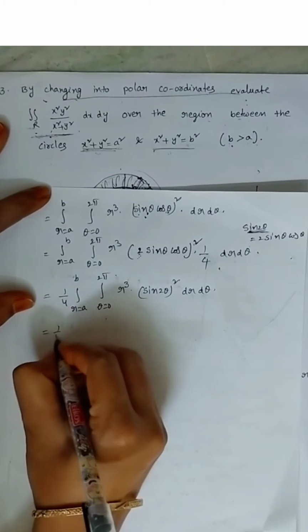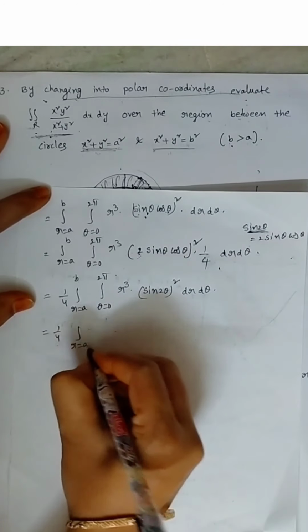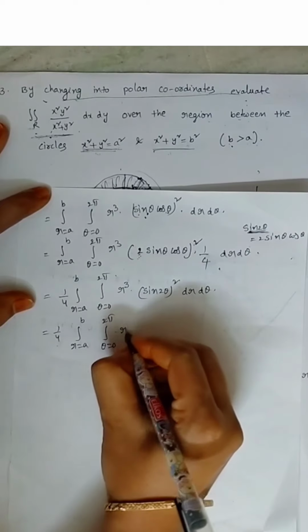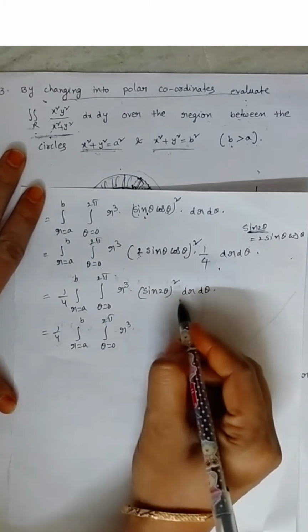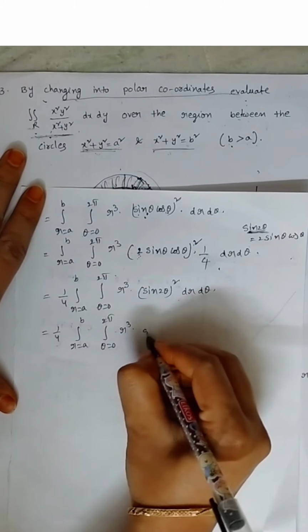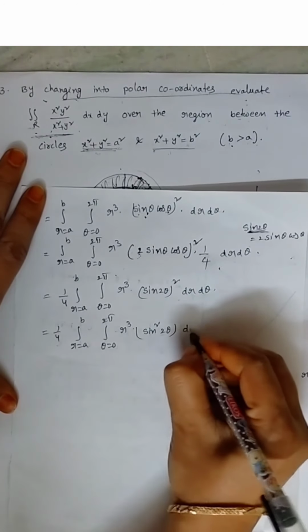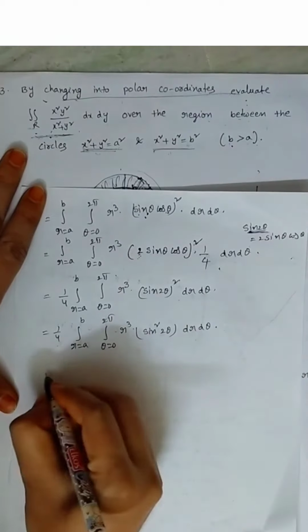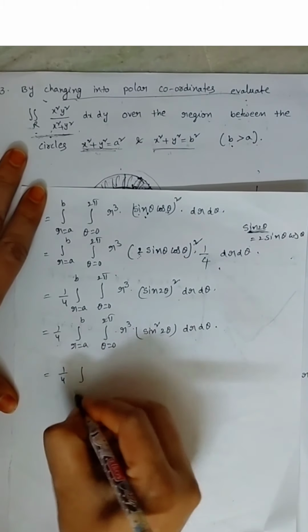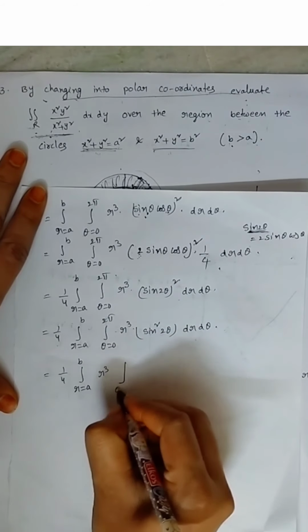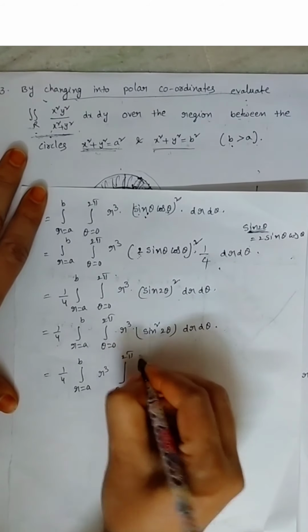This equals 1 by 4, r equals a to b, theta equals 0 to 2 pi, r cubed into sin 2 theta whole squared, means sin squared 2 theta, into dr d theta. First I am going to integrate with respect to theta. So r equals a to b, r cubed, integral theta equals 0 to 2 pi.